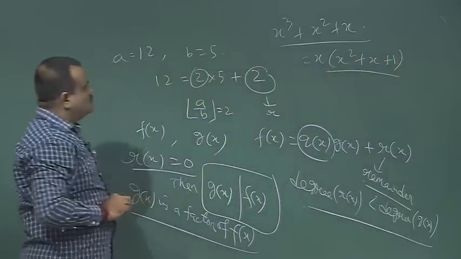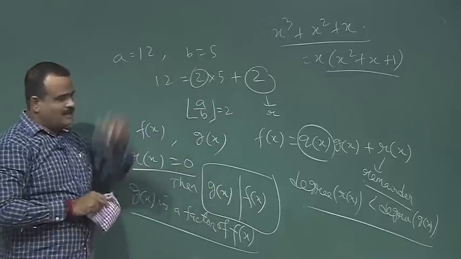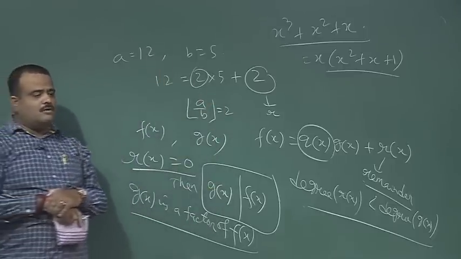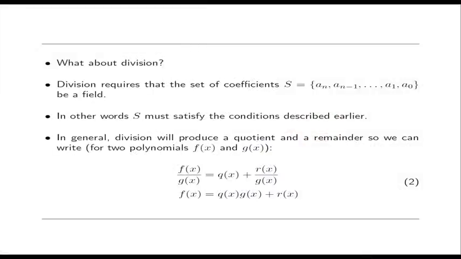So there exists a g(x) that divides f(x). A polynomial is called irreducible if it has no factor. Okay. So, let us come back to the division.